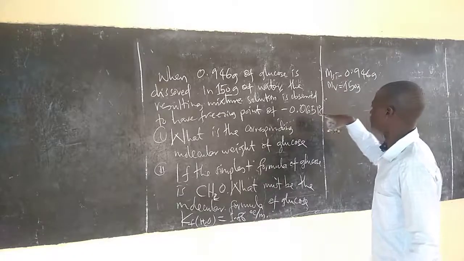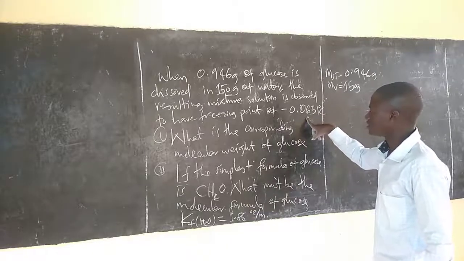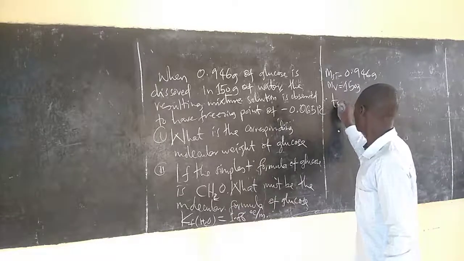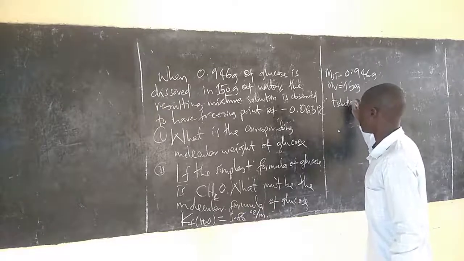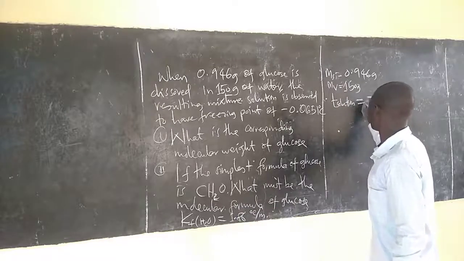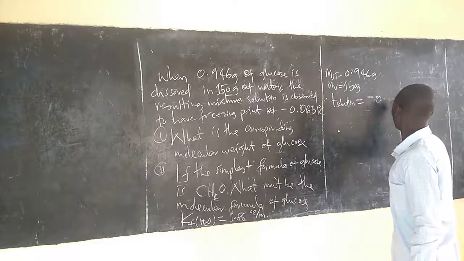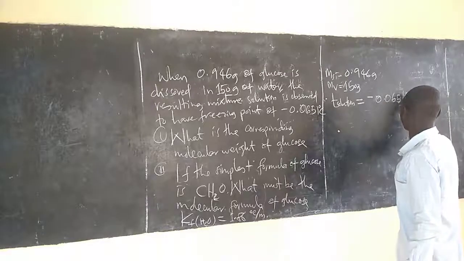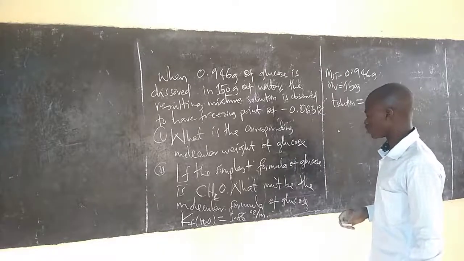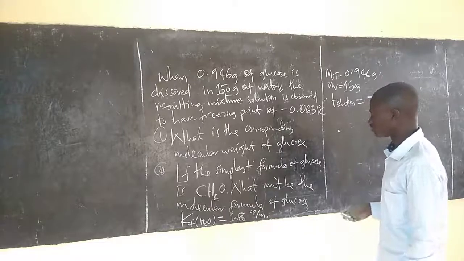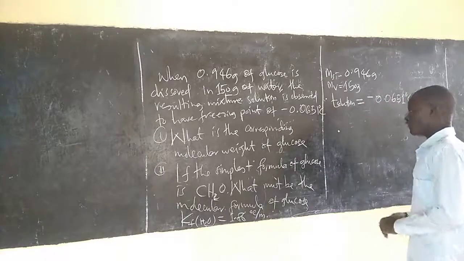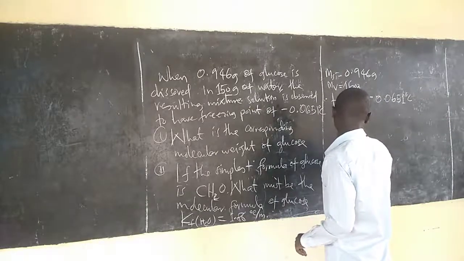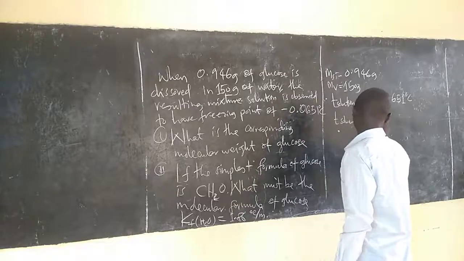Then from there, the freezing point of the solution, T solution, is equal to negative 0.0651 degrees Celsius. Okay, from there, having the freezing point of the solution, we know the freezing point of water is 0. So the freezing point of the solvent is 0.